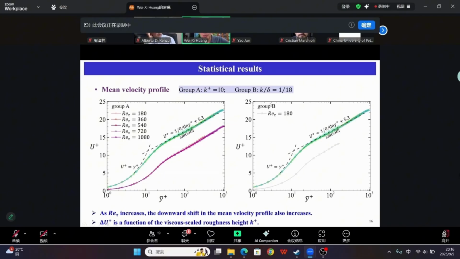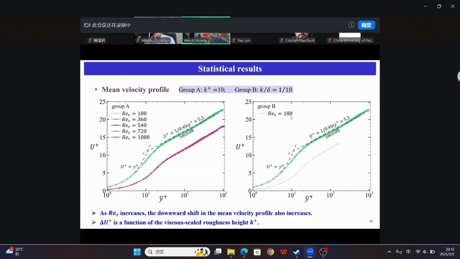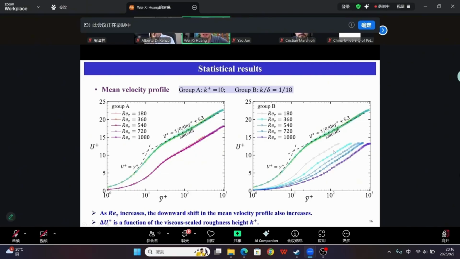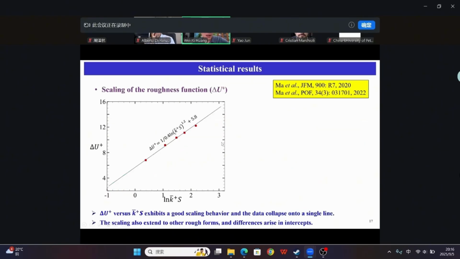And for group B, K over delta is constant. Then as the Reynolds number increases, actually the K plus increases. Then the mean velocity profile moves downward. And it means the roughness function is increasing. So then we plot the downward shift, delta U plus, as a function of the K plus and S, the steepness.